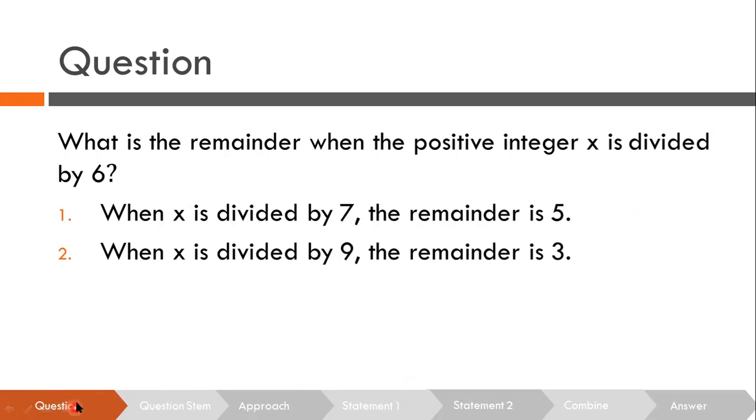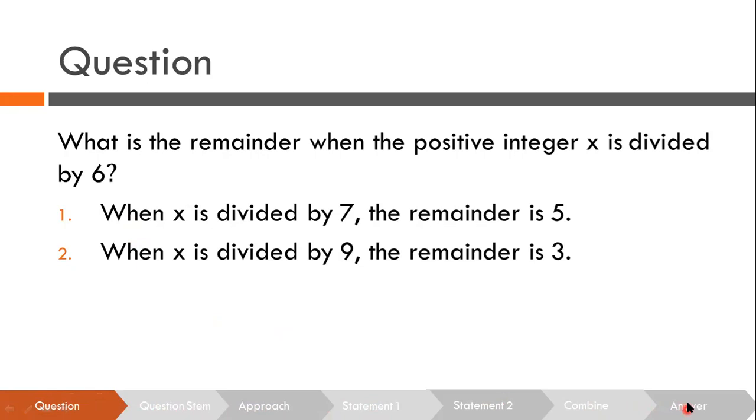This is the question you see at the bottom of my screen. And now you are to question, and then question stem, and then approach. Then statement one is this one, and statement two. Then we will combine these two statements, and finally you will get the answer.